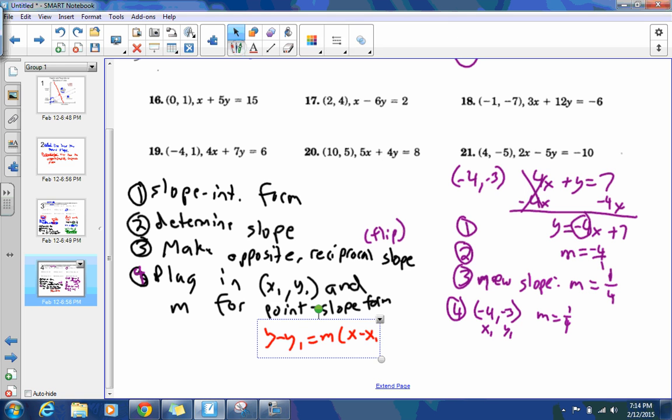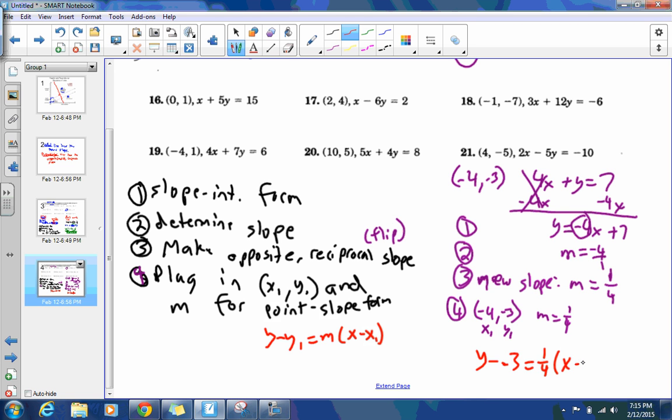So we'll plug that in. We have y minus our y1, which is negative 3, equals m, which is 1/4, times x minus x1, which is negative 4.